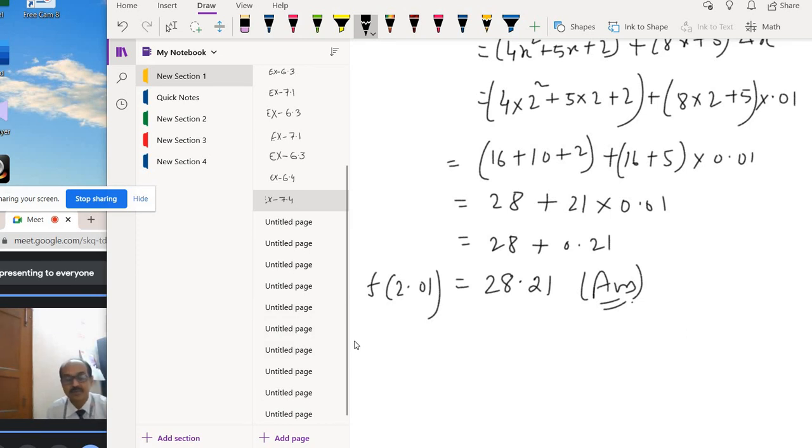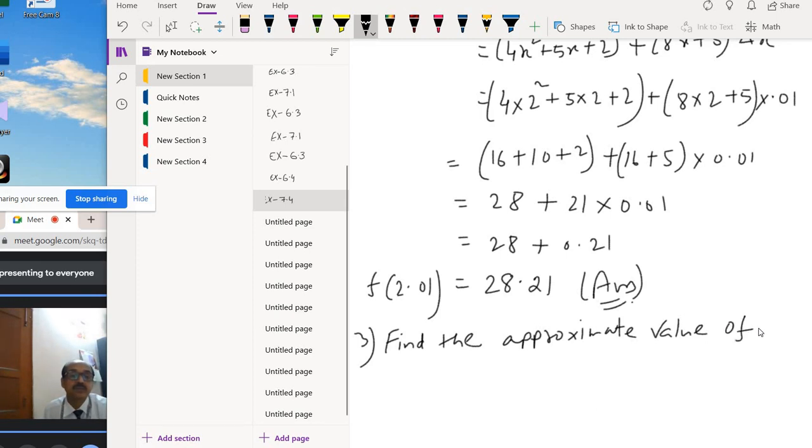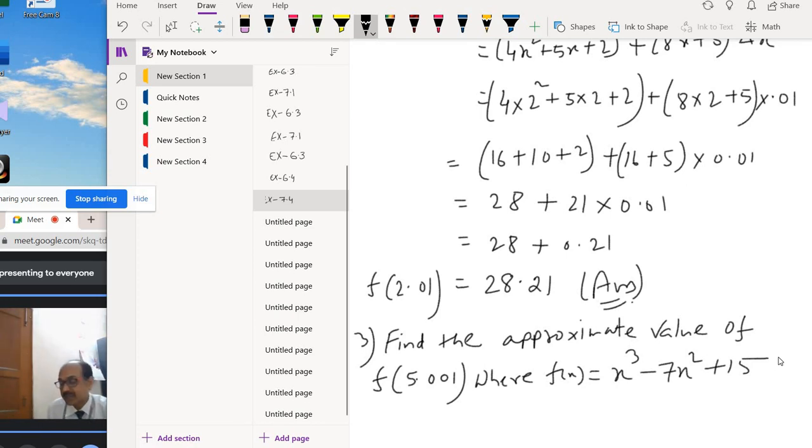Question number 3 is, find the approximate value of f of 5.001, where f(x) equals x cube minus 7x square plus 15.